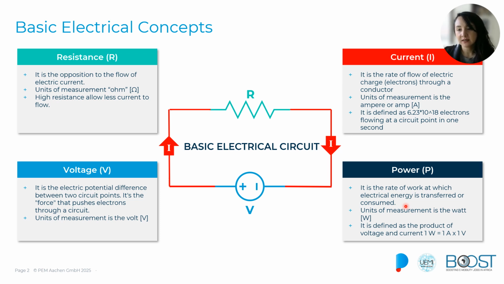The power is measured in watts, and we define it as the product of the voltage and the current. So 1 watt is equivalent to 1 ampere multiplied by 1 volt. For example, if we have a motor in an electric vehicle and this motor gets 400 volts and 10 amperes of current, the power that we are using is going to be equal to 4000 watts or 4 kilowatts.